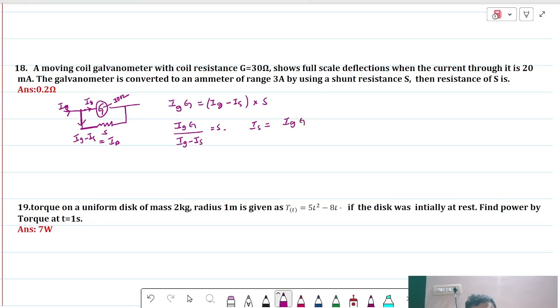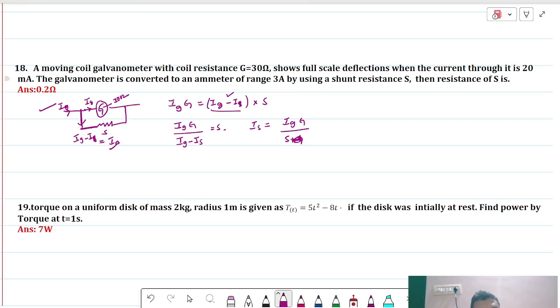The total current is I. The potential is equal, so Ig into G is the potential. Ig is the current through the galvanometer, and I minus Ig is the current through the shunting resistance. The current divides, so that is the current through the ammeter. Now this is Is.